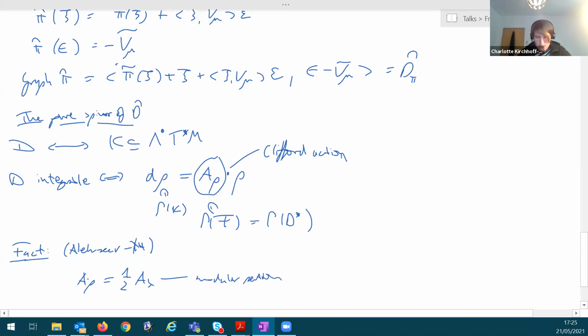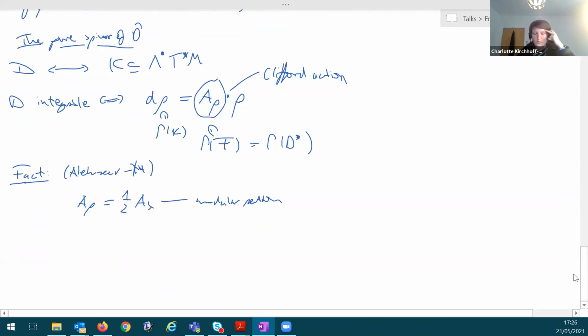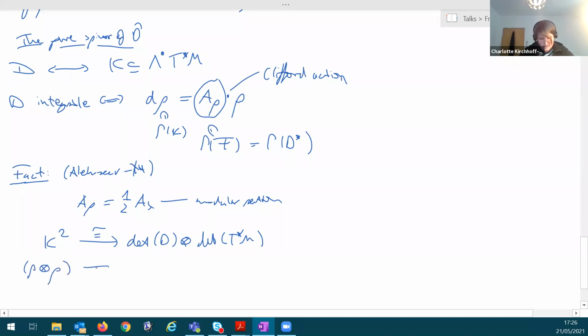Now, of course, this was defined with respect to a local section rho of the spinor line, and this was defined with respect to a local section of the modular line bundle. So now we need to know that these are related in some way. And in fact, the square of the spinor line is isomorphic to this modular line. And so this equality here holds if we map rho tensor rho to lambda.